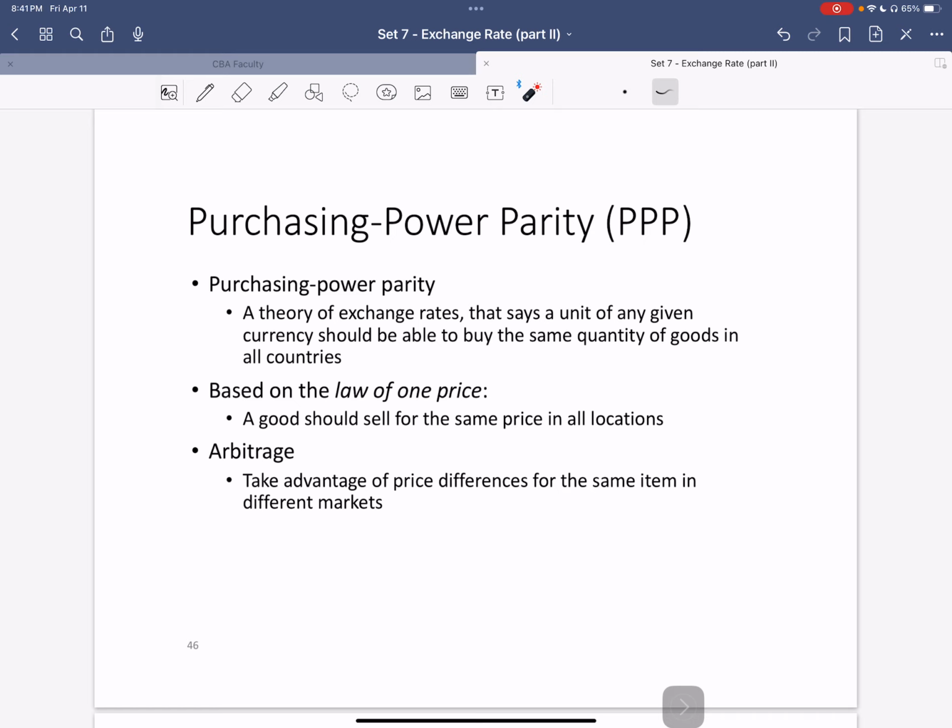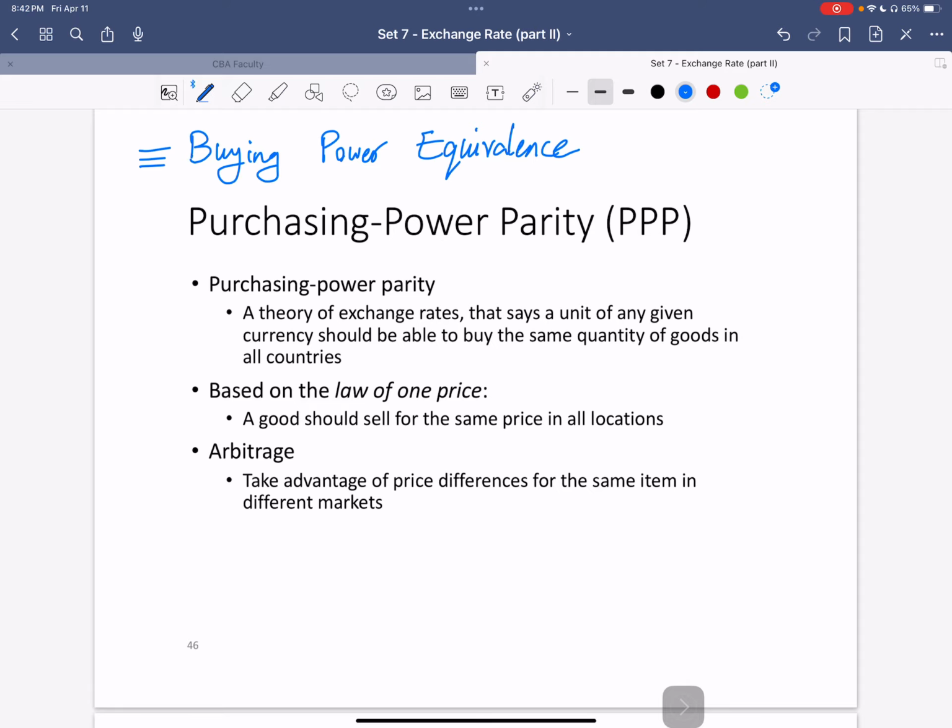So, in summary, purchasing power parity says that we have a buying power equivalence in different countries. The same meaning. This is a theory that says in the long run exchange rates should adjust. This means that the basket of goods costs the same in both countries when measured in a common currency, say in US dollars.